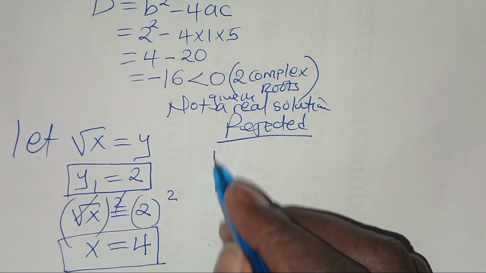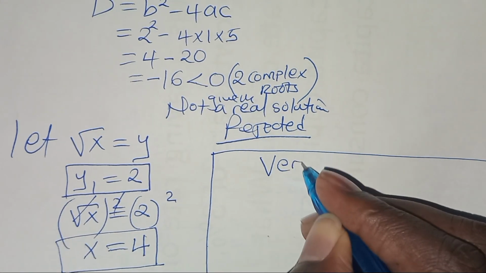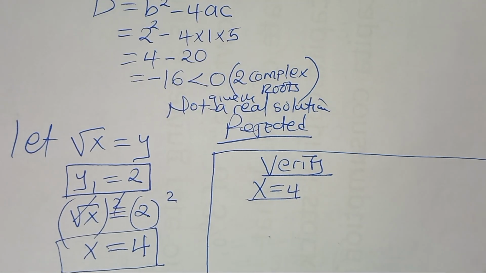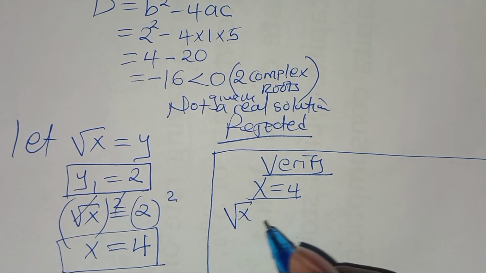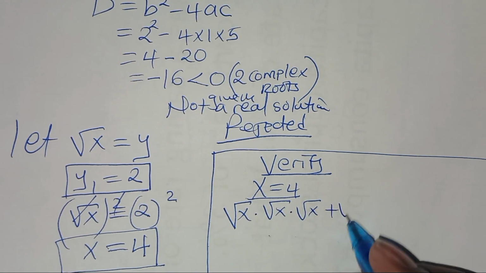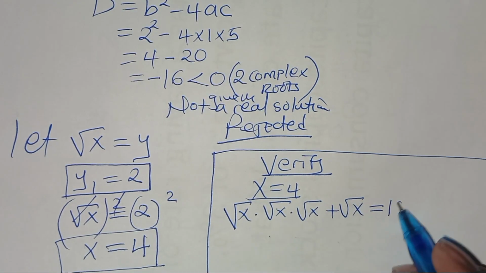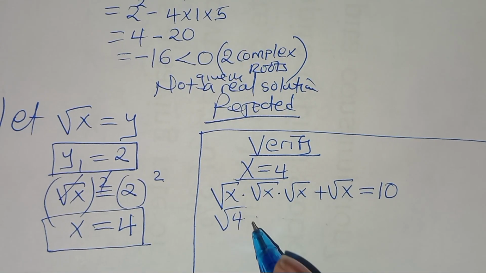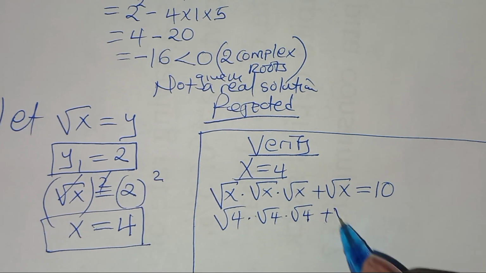Now, let's verify that this value of x, which is equal to 4, actually satisfies the equation. The square root of x times the square root of x times the square root of x plus the square root of x is supposed to give us a value of 10. Now, we have the square root of 4 times the square root of 4 times the square root of 4 plus the square root of 4.